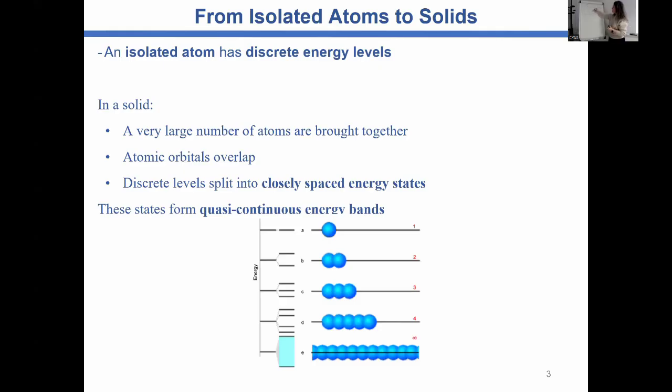If this energy is sufficient for the electron, this electron goes to higher energy, so it goes up, and then it comes down and emits energy equal to the energy of the photon.